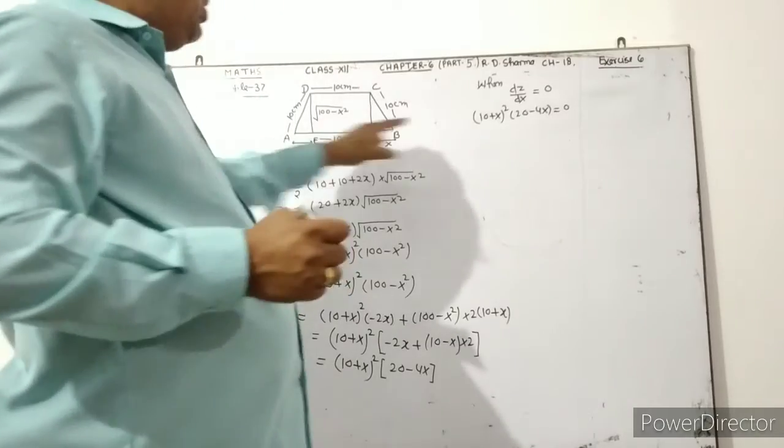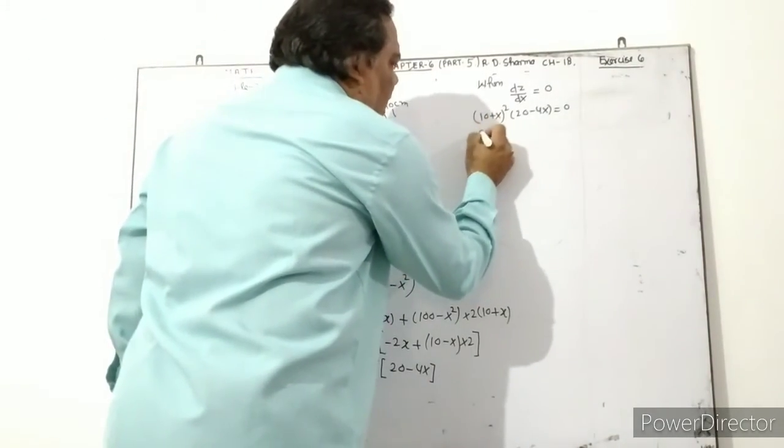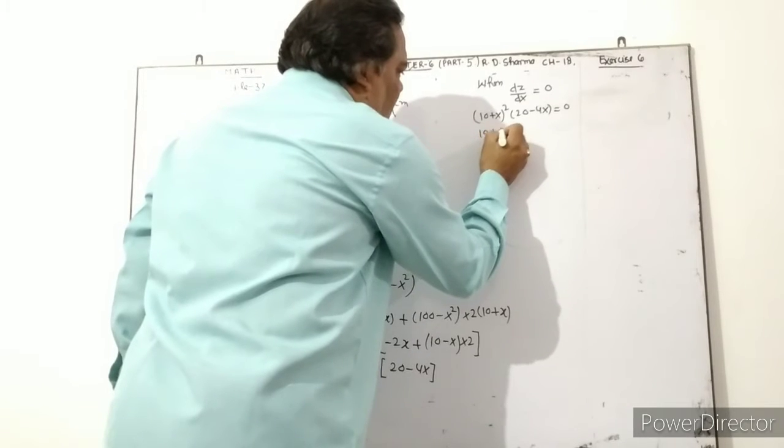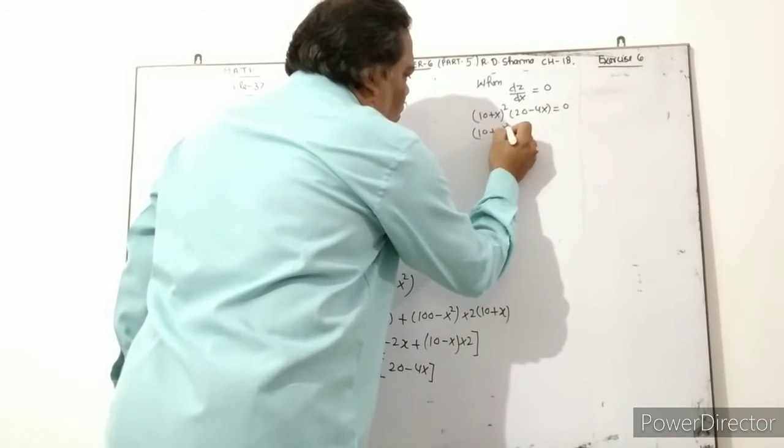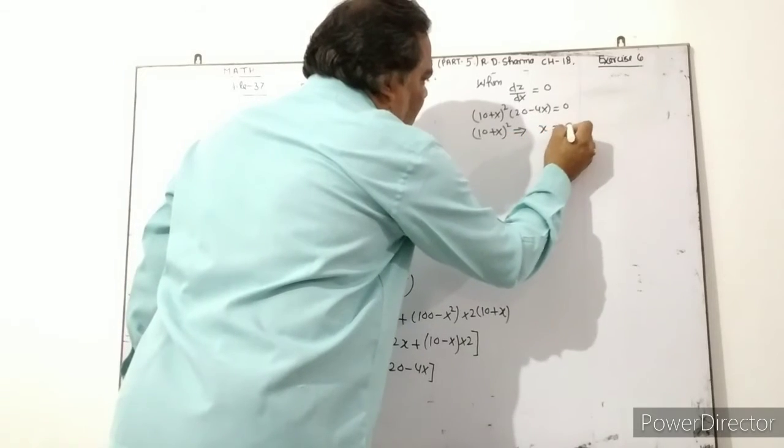Then what is the value of x? When 10 plus x whole square is 0, this is implying x equal to minus 10.